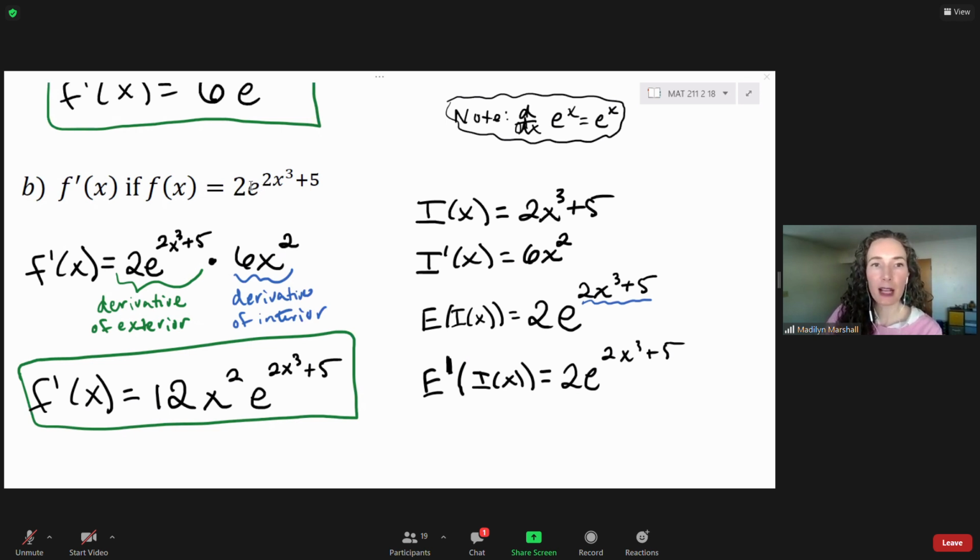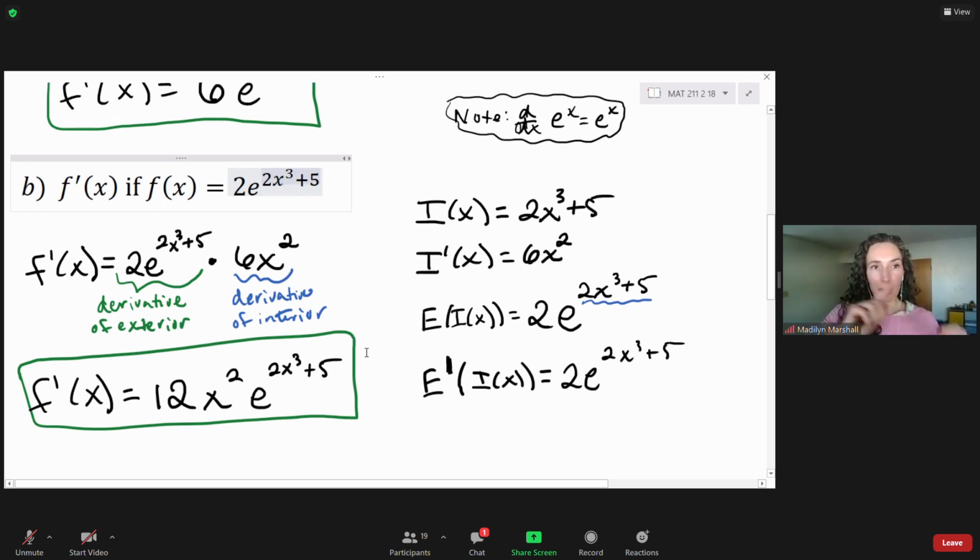A lot of people have the most trouble on the e stuff with the chain rule, just because it is super weird that it doesn't actually change at all between the original function and the exponential function.